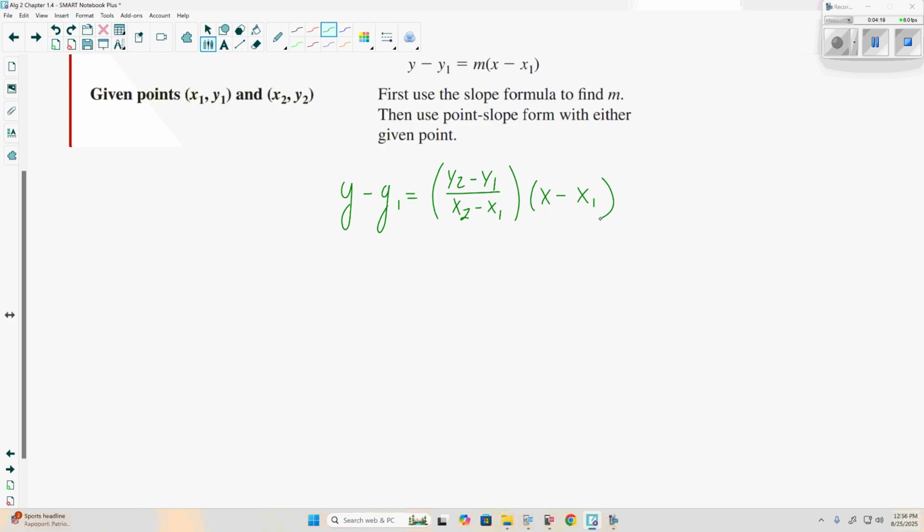Because we would plug in one of the points for x1, y1 in all the x1, y1 spots. Then we'd plug the other point into y2, x2. Simplify down. Really, all we did was take slope, that m, and plug it in. We took the point slope form and plugged in the equation for slope to try to get to it. Really, I think that's just way too much going on. We can just find slope, use point slope, and go from there. 2-point form is, I think, a little unnecessary.